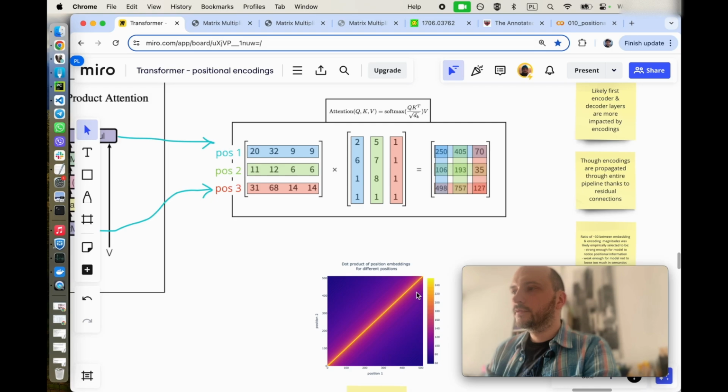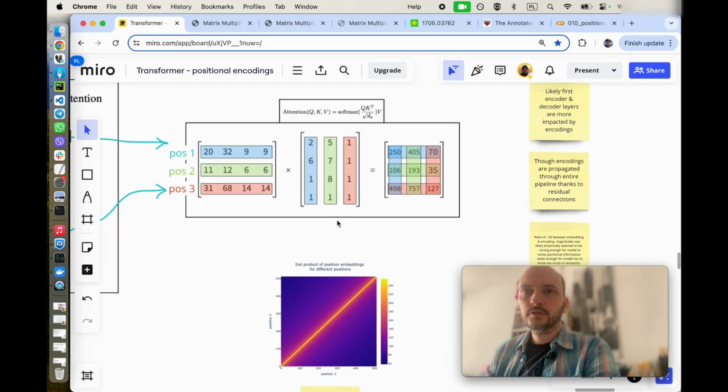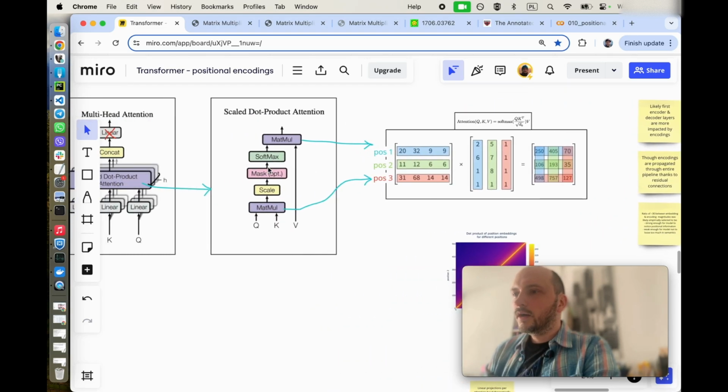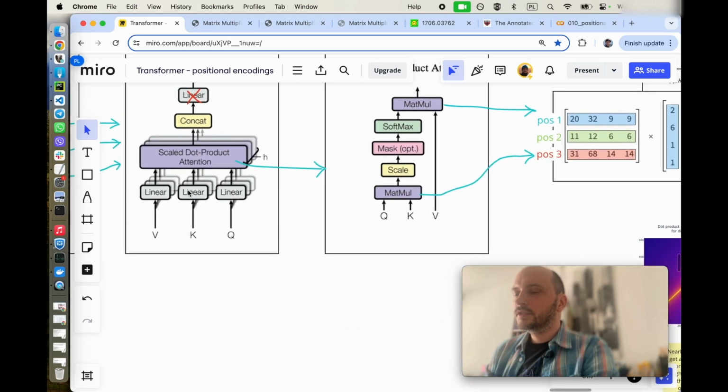That's the beauty of the mechanism. And yeah, that's how the dot product is important. So the dot product for positional encodings is higher, which means that the dot product of these vectors will be higher. The only thing is that multi-head attention doesn't pass the embedding vector exactly to the attention.